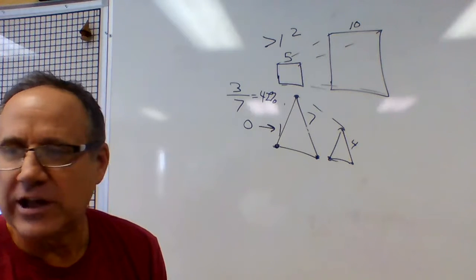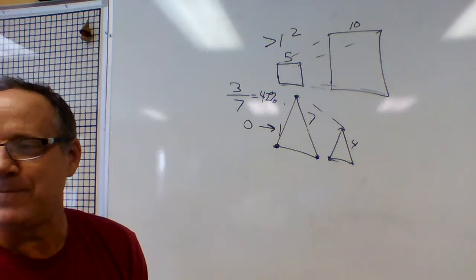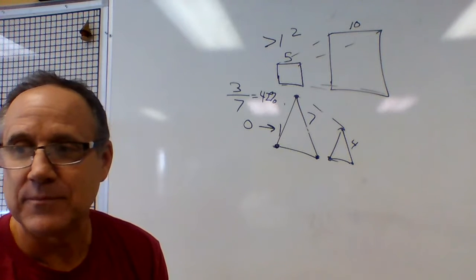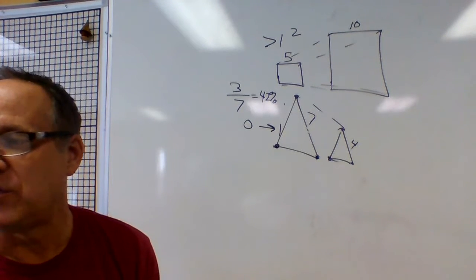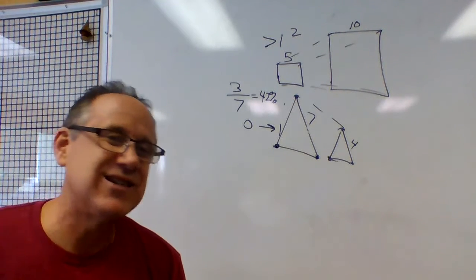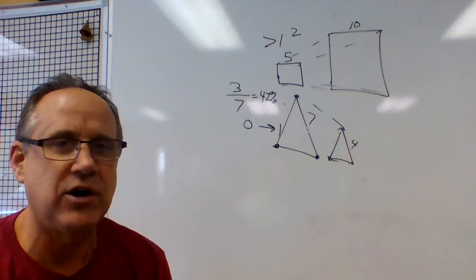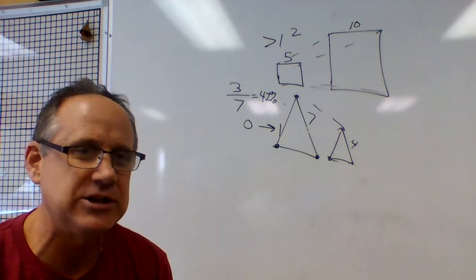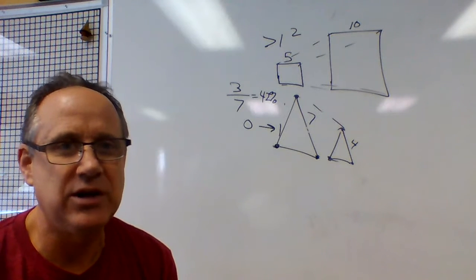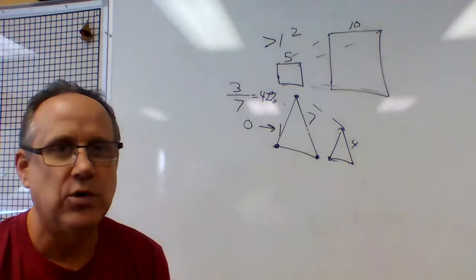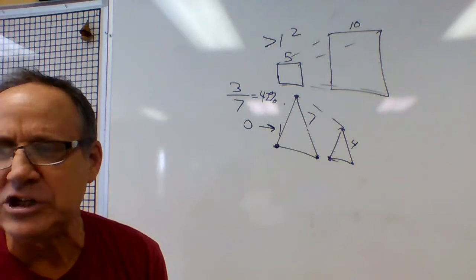Taking a look at guided practice 1A and 1B, we start with the blue figure. When we look at the assignment you're going to get, always start with the blue figure. The blue figure is your preimage, and the green is your image, what it's going to either enlarge to or reduce to.